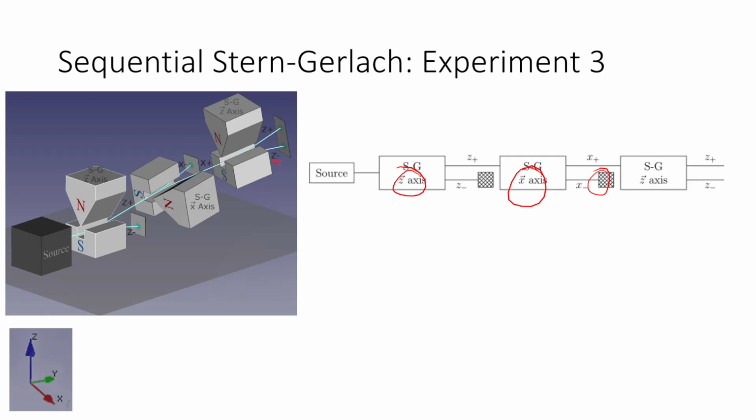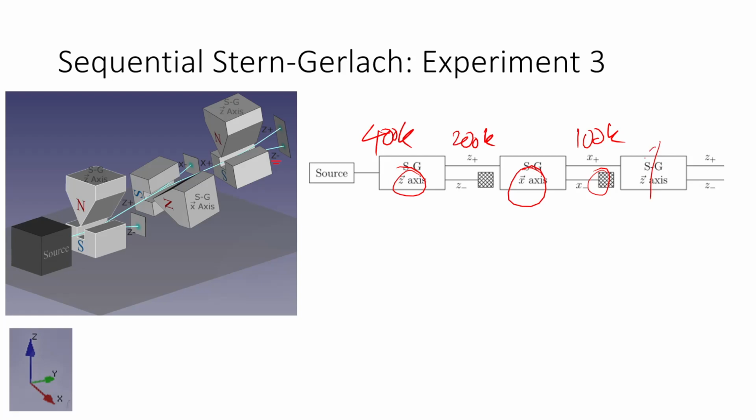Let's see what happens. Say we have 400,000 silver atoms, and about 200k will have spin up. We pass them through the Stern-Gerlach device, and as seen in the previous experiment, half of them will be spin left and spin right. So we get about 100k in spin right.